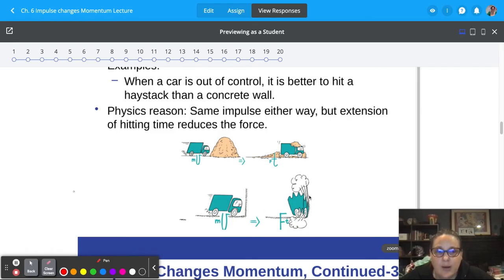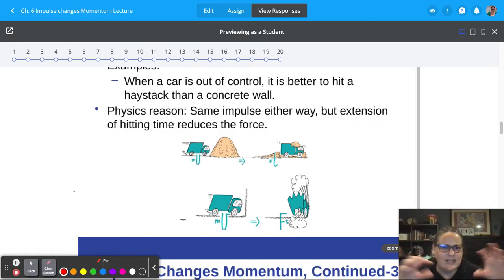This is also the property behind padded dashboards, airbags in cars, bumpers that crunch. They're all designed to increase the time it takes for something to stop, therefore reducing the impact force. So an airbag opens so that your face doesn't stop like this on the steering wheel, but that it hits over a longer period of time.